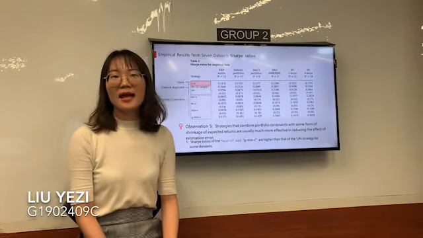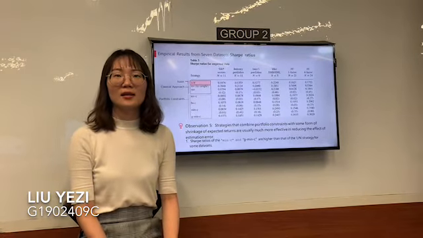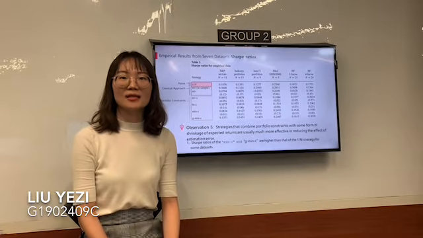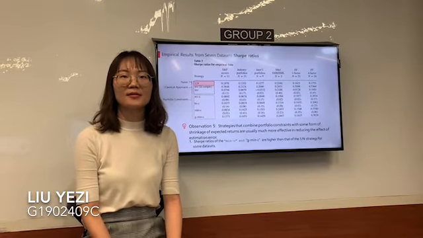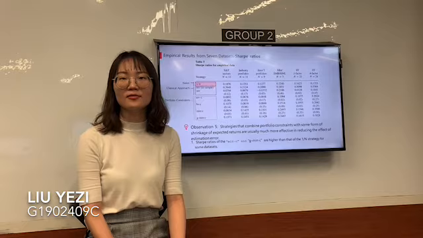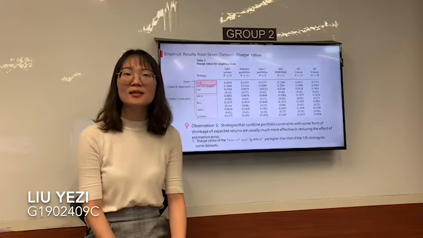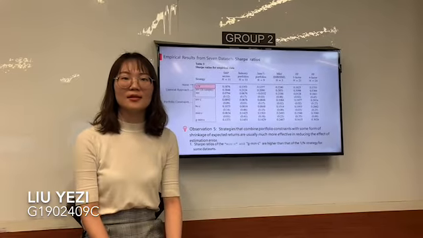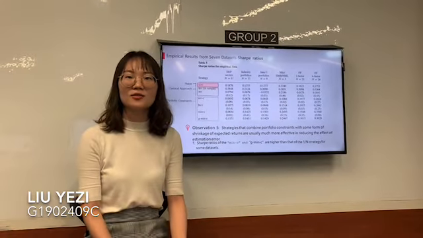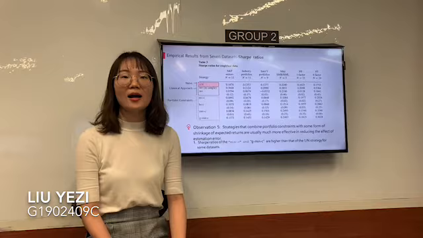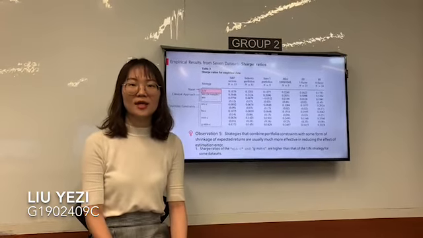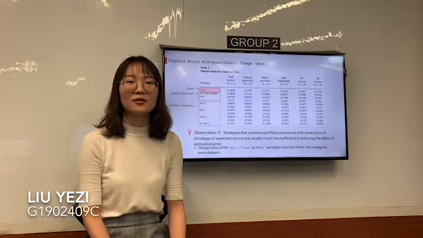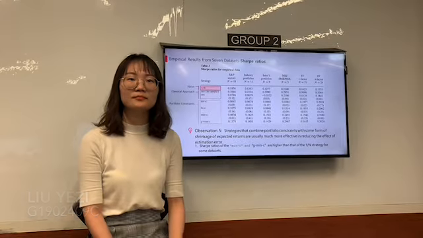Next, note that the Sharpe ratios of the mean C and G mean C are higher than that of the 1/n strategy for some datasets, and strategies that combine portfolio constraints with some form of shrinkage of expected returns are usually much more effective in reducing the effect of estimation error.